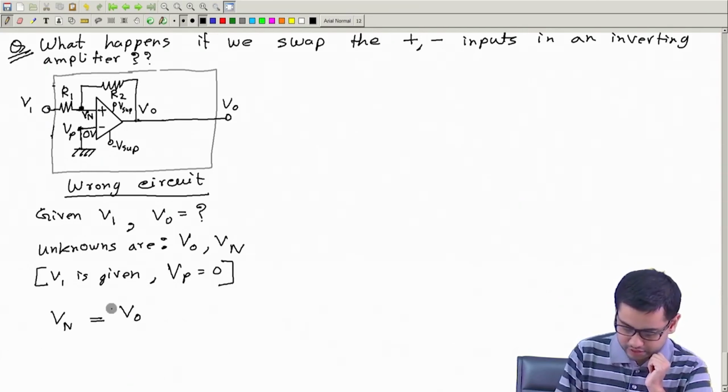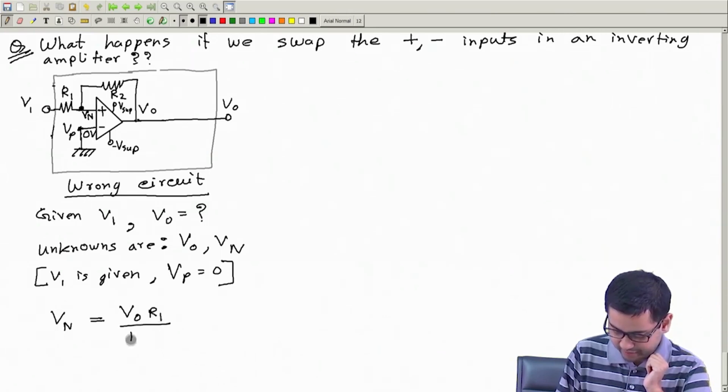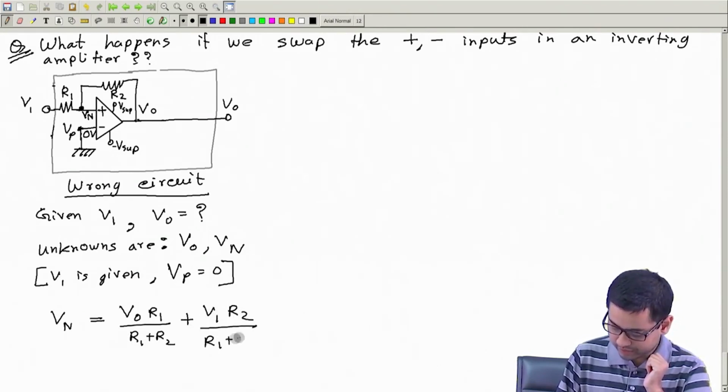You can remember the rule: it will be VO multiplied by R1 divided by R1 plus R2, plus V1 multiplied by R2 divided by R1 plus R2.